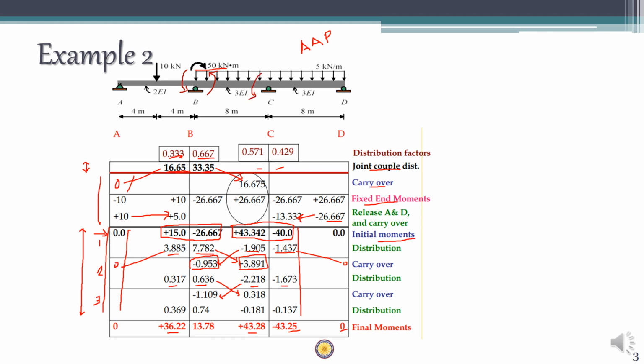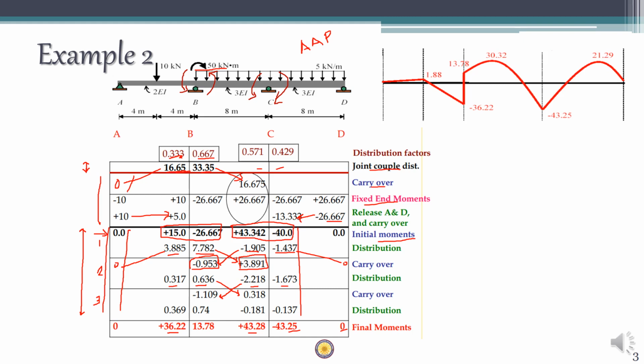Next is a negative active moment, so it is going to be clockwise, and at the simple support we have 0 moments. Once you have these values, you can find the other reactions as well as draw the bending moment diagram. So the final bending moment diagram will look something like this.